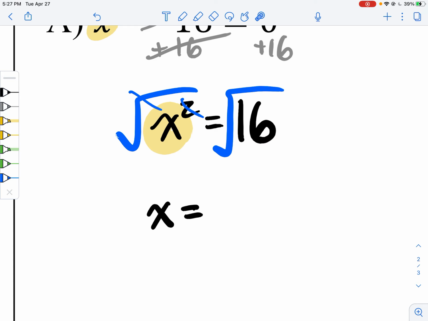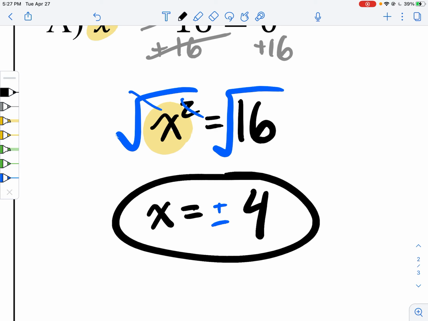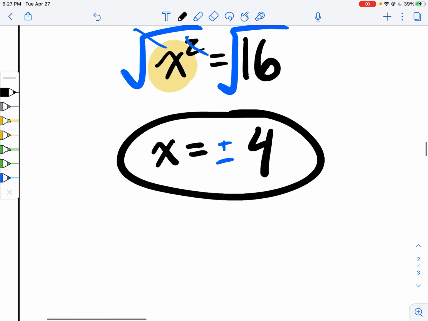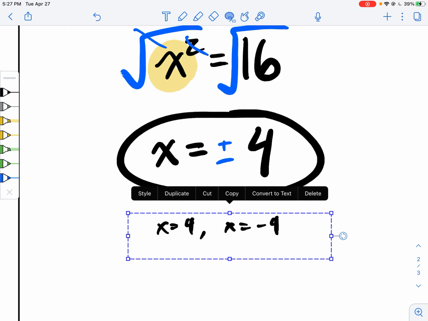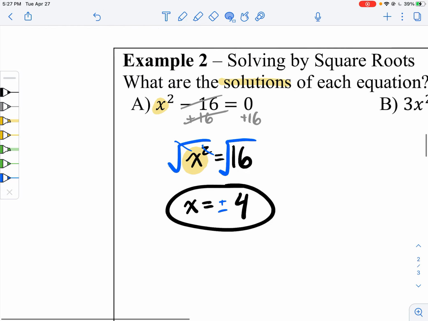I know the square root of 16 is 4, but remember, it's plus or minus 4. So you can leave your answer like this: x equals plus 4, x equals minus 4. Or you can say x equals 4 and x equals negative 4. That's fine too. You could also do x equals negative 4 and 4.